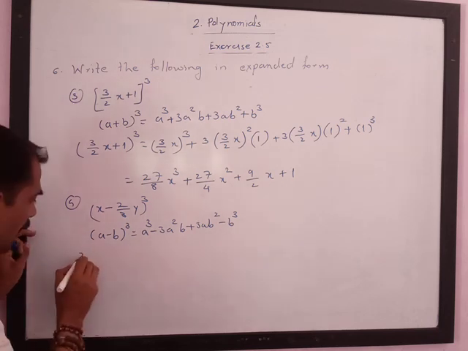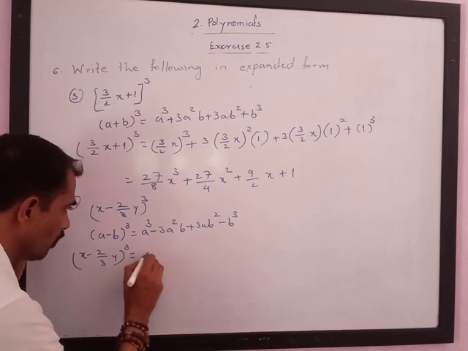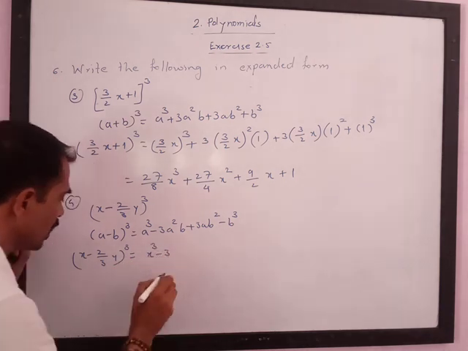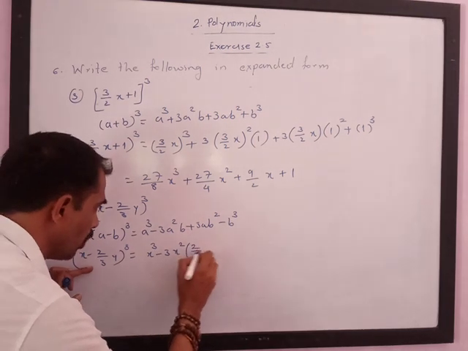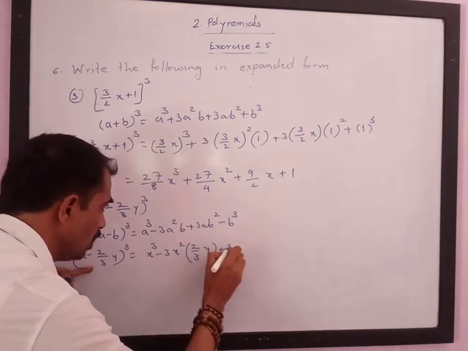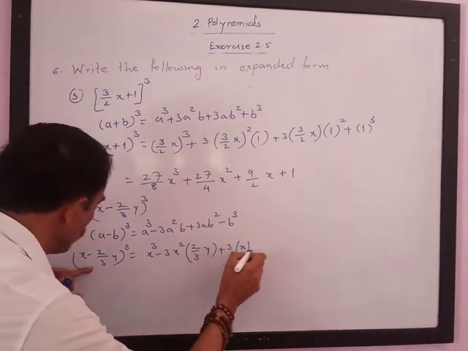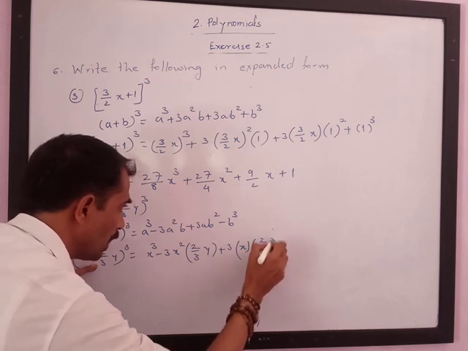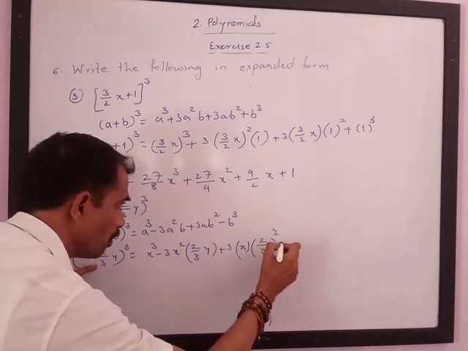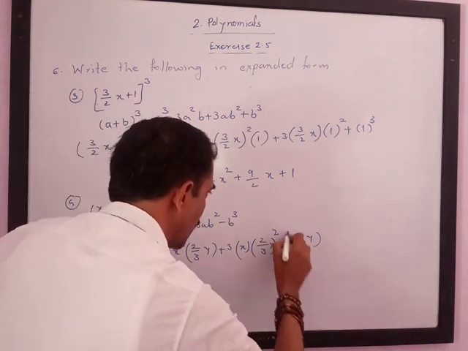So x minus 2 upon 3y bracket cube is equal to cube of the first, x cube, minus 3 multiplied by square of the first into second, 2 upon 3y, plus 3 multiplied by first as it is into square of the second, that is 2 upon 3y bracket square, minus 2 upon 3y bracket cube.